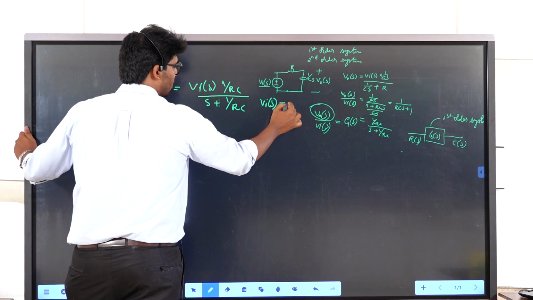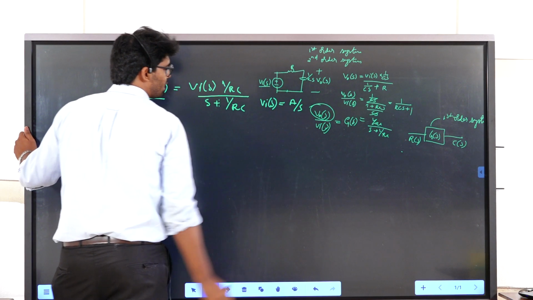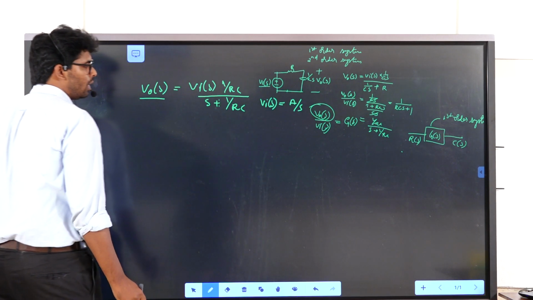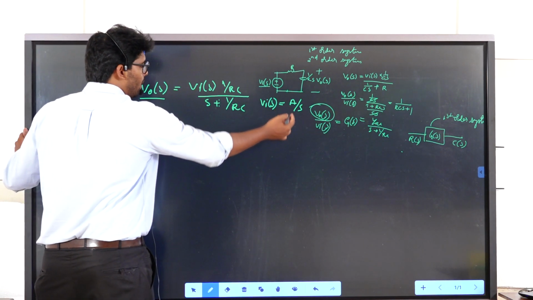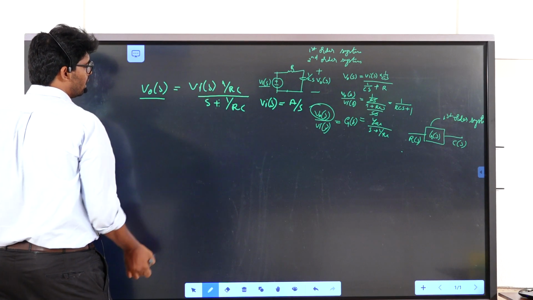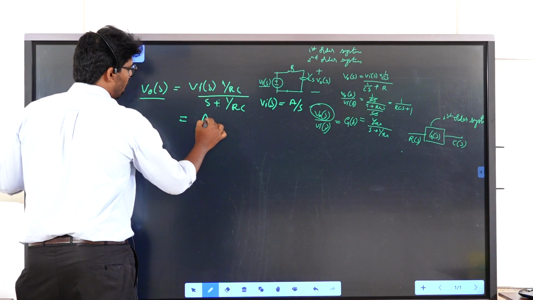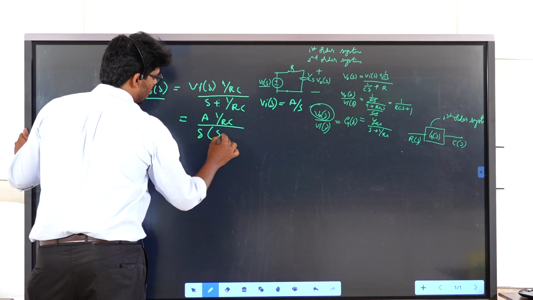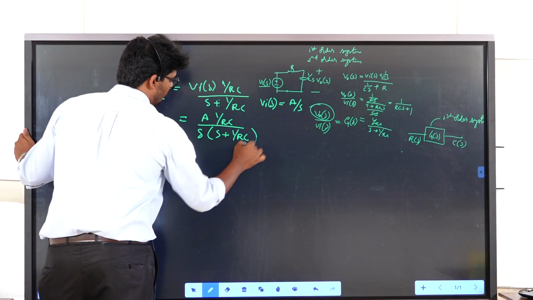So that means A by s, I am giving a DC magnitude of A. The Laplace of that A is A by s. So if I substitute that here, I will have A into 1 by RC by s into s plus 1 by RC.